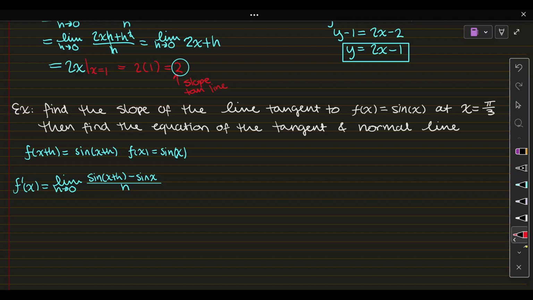So we're going to use the identity that sine of a plus b is equal to sine a cosine b plus cosine a sine b. Okay, so we're going to use that fact, and we're going to split this sine of x plus h up.